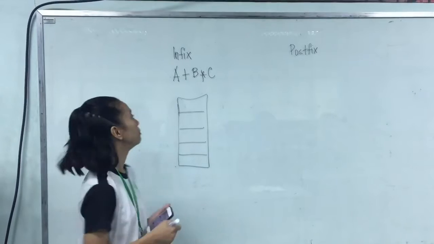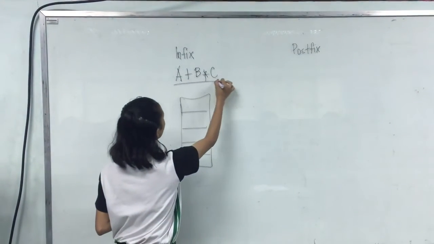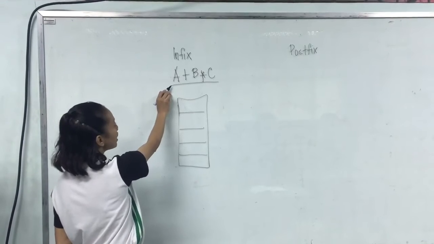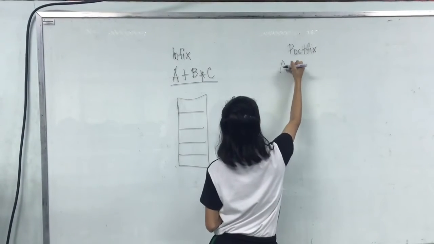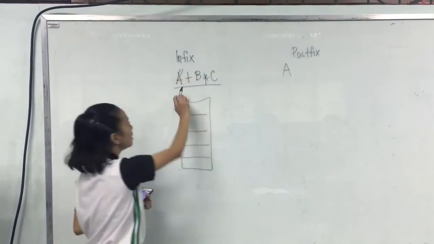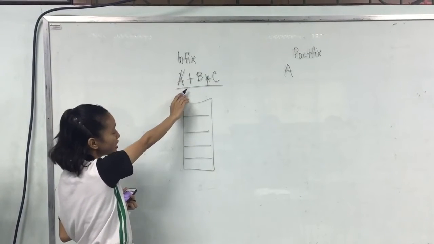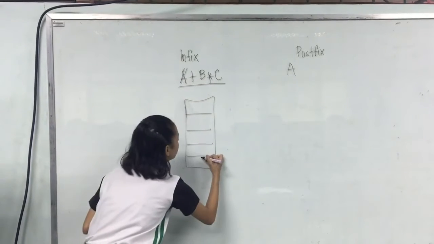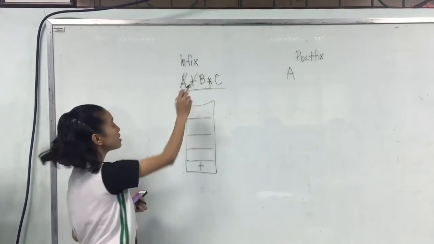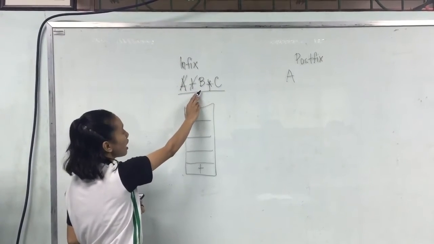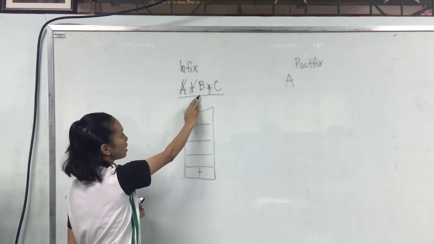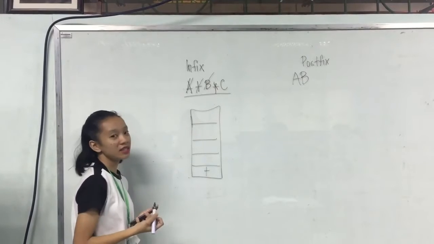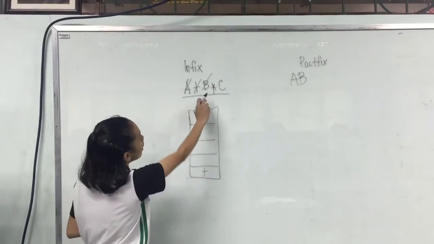Here is another example. Again, this is the infix notation. Since A is an operand, we must write it on the postfix. Next, addition. Since addition is an operator, we must write it on the stack. Next is letter B. Letter B is an operand, so we write it on the postfix. Next, an operator.